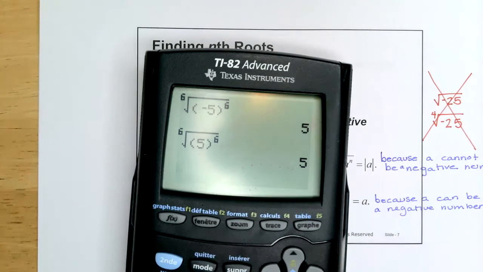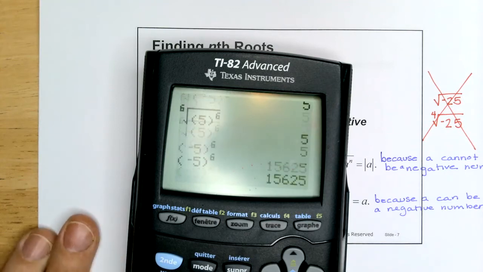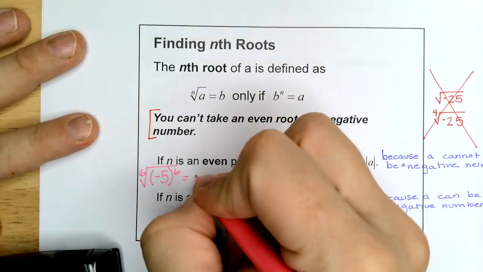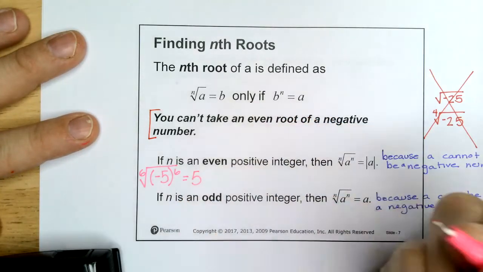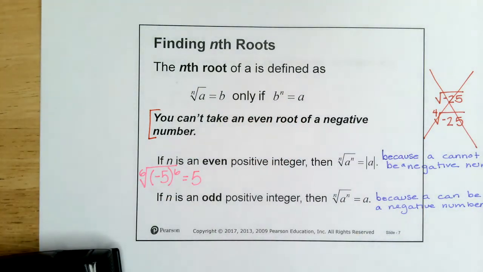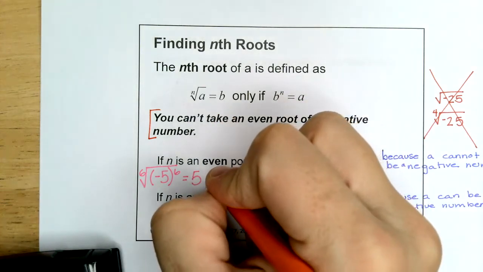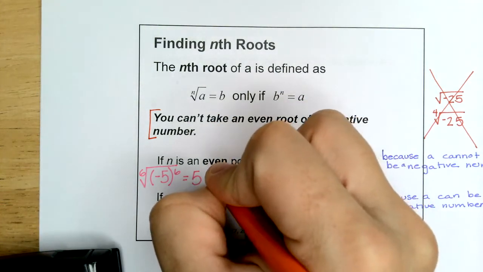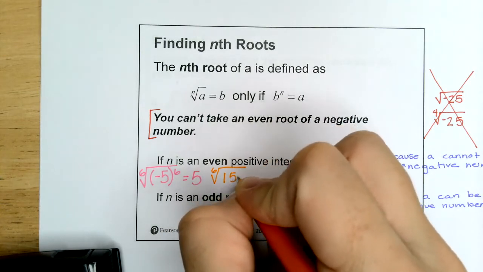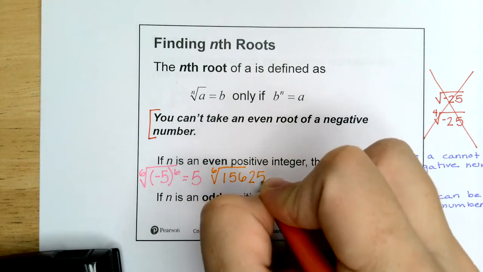Okay? Why? Because -5 to the 6th becomes positive. So it becomes the 6th root of 15,625.